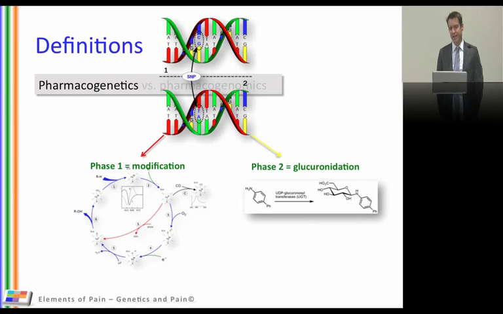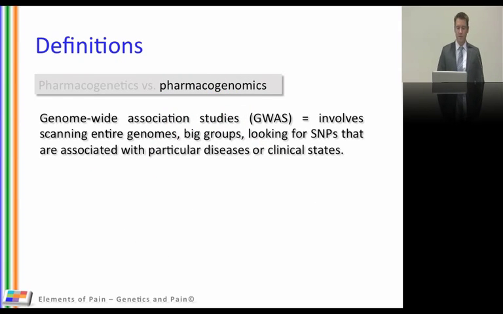So that's pharmacogenetics. Whereas pharmacogenomics is a much grander definition, and you can think of it as looking at genomes on a much greater scale, so on a population-based scale, looking at big groups of patients, groups of populations, looking for SNPs that are associated with particular diseases, and then working your way backwards.